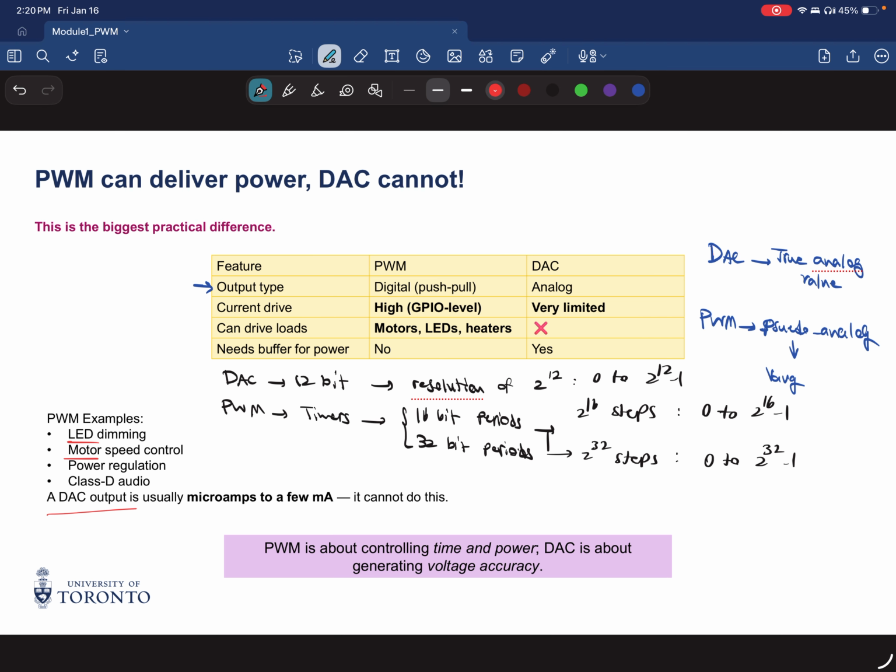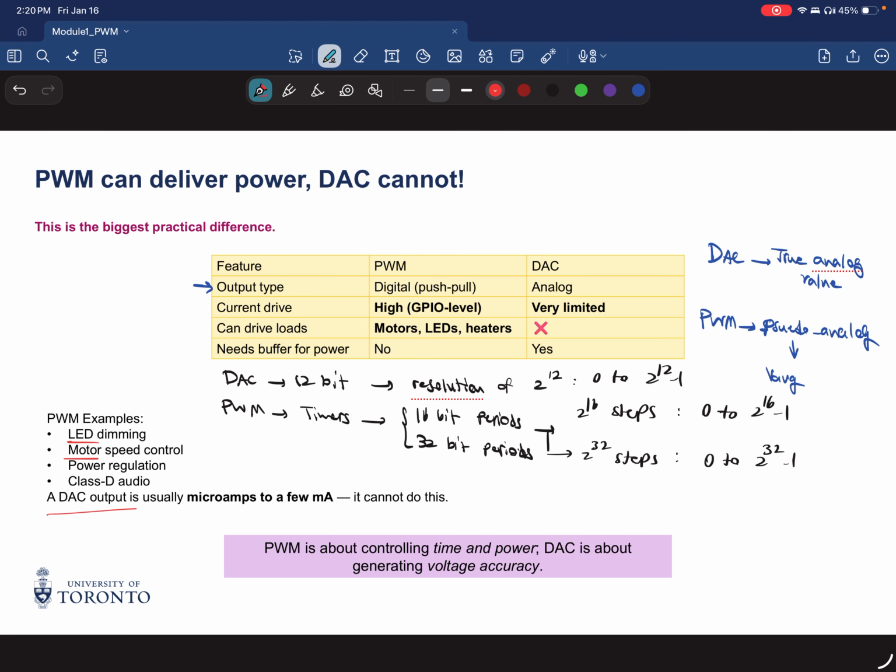It can provide current to a load and drive it, and in fact helps us get that smooth brightness or a smooth change in position of a robot by controlling the duty cycle. So that's another point to remember about DAC versus PWM.